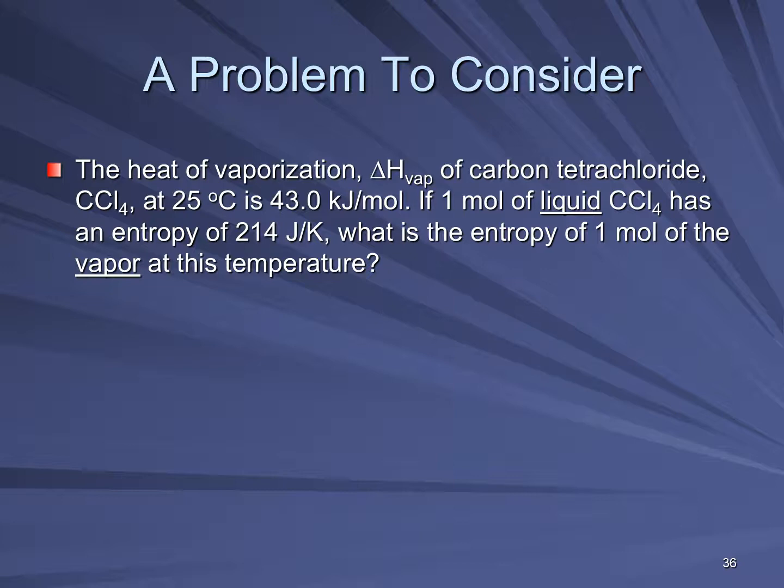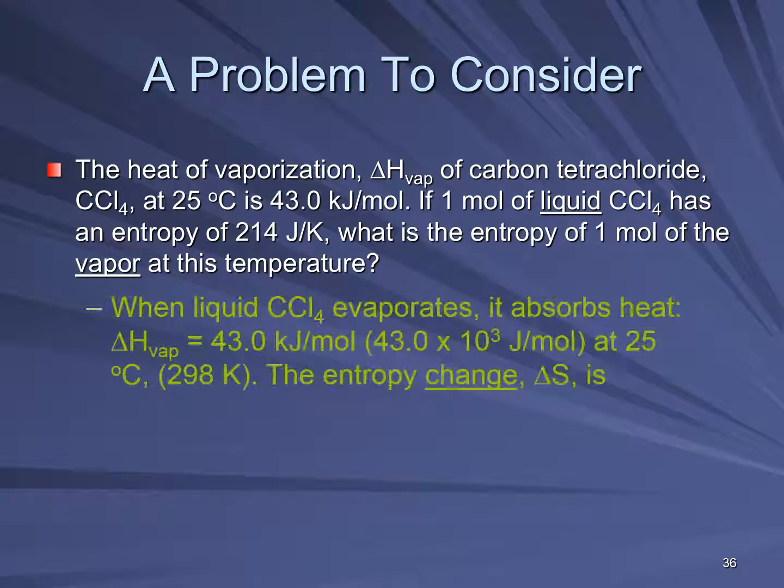The heat of vaporization, delta H of vaporization, for carbon tetrachloride is 43 kilojoules per mole. If we vaporize 1 mole of liquid carbon tetrachloride, and that liquid has an entropy of 214 joules per Kelvin, what will the entropy be of the vapor at this temperature?